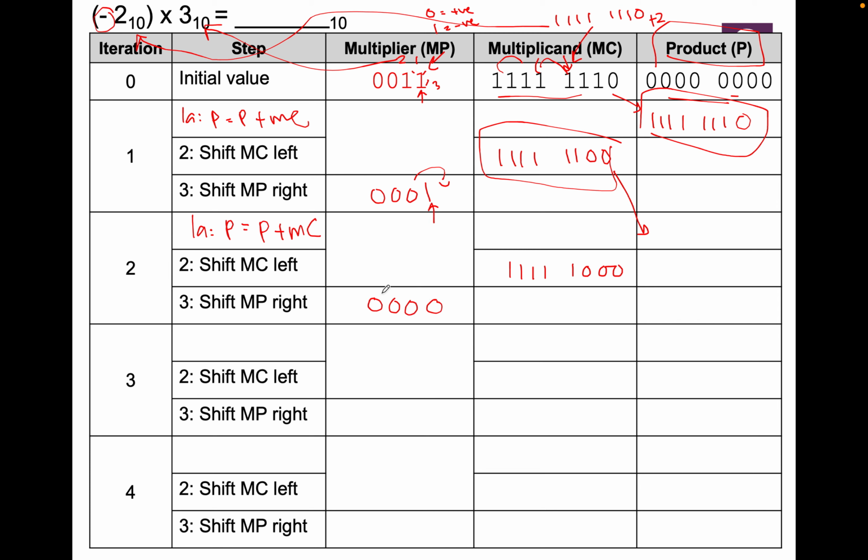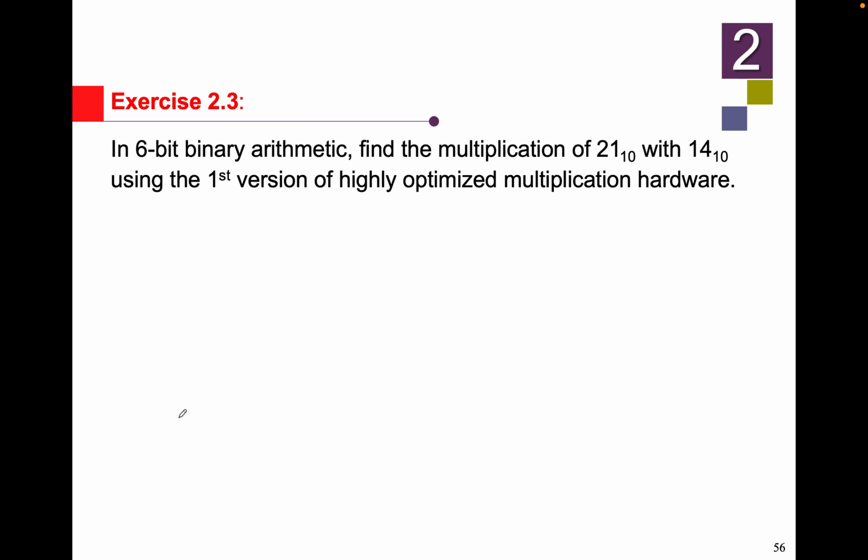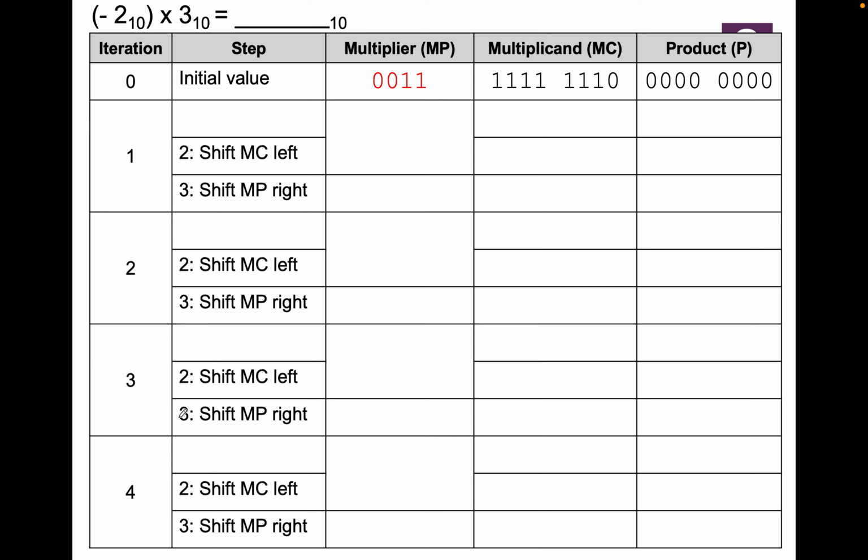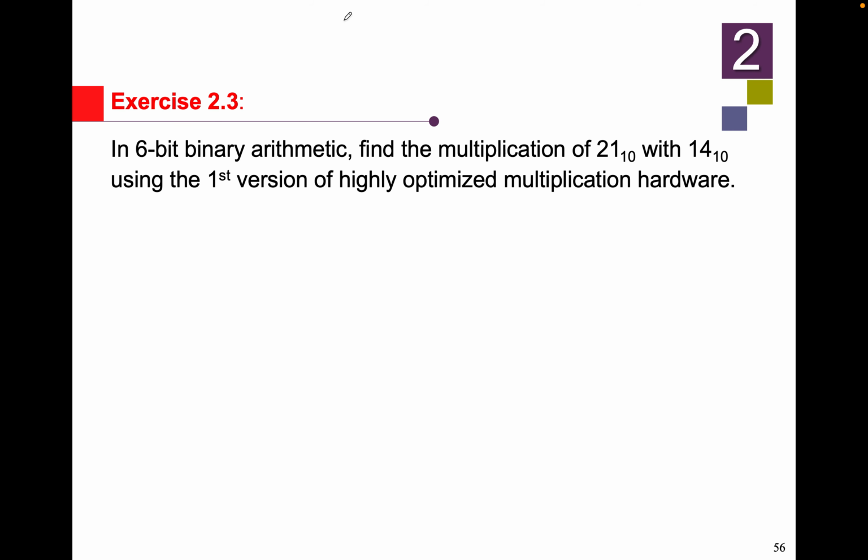So how many times? You're going to repeat until 4 times. Why? Because your multiplier is 4 bits. I think when you have more than 4 bits later on, it's going to be quite long. So please complete this table also. It is not too hard. Follow similar steps. There is an exercise for you to do.